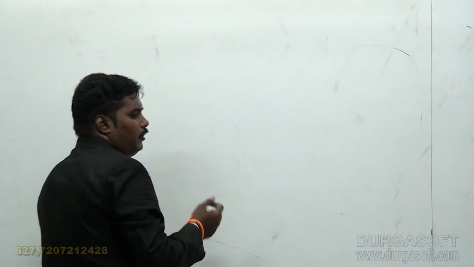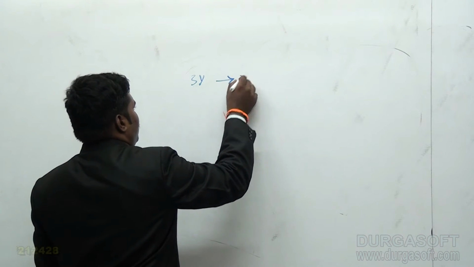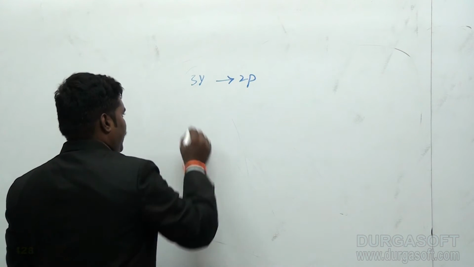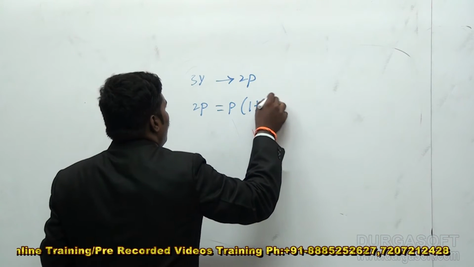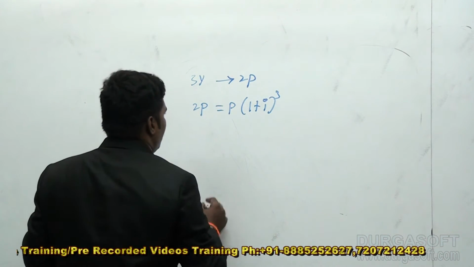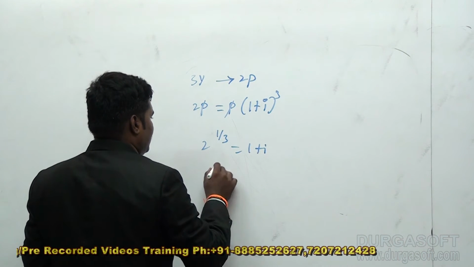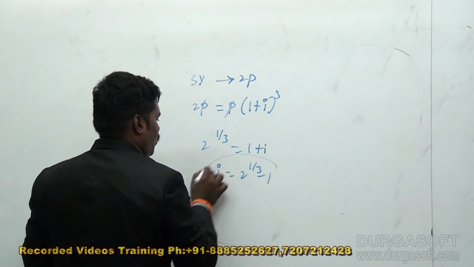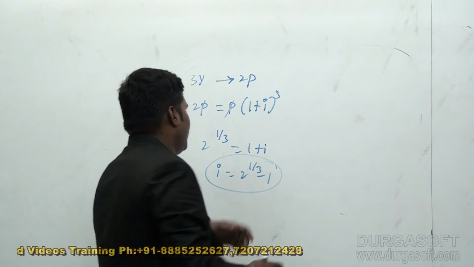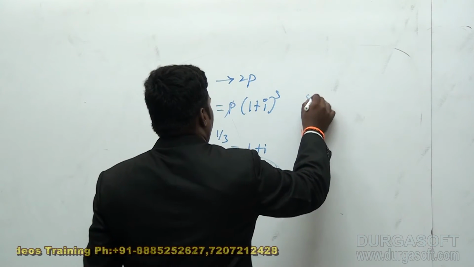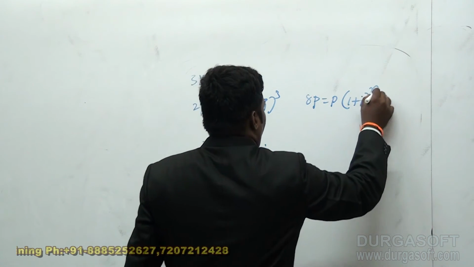Okay, this can be done in another way also. In 3 years it is doubled, that means 2P. So amount is equal to 2P is equal to P of 1 plus I whole power 3. So P, P cancel, 2 power 1 by 3 is equal to 1 plus I, where I is equal to 2 power 1 by 3 minus 1. When you are aware of that I, to get 8 times of that, that means 8P is equal to P of 1 plus I whole power n.